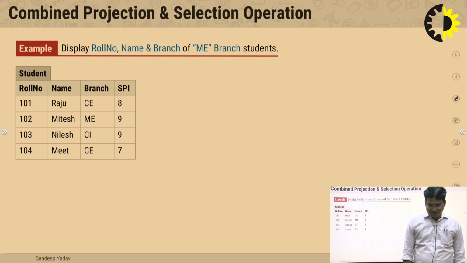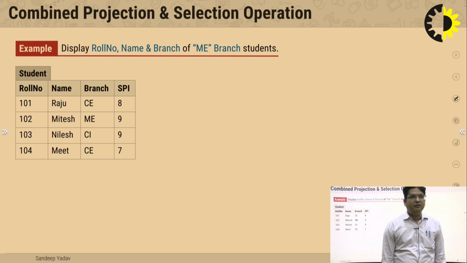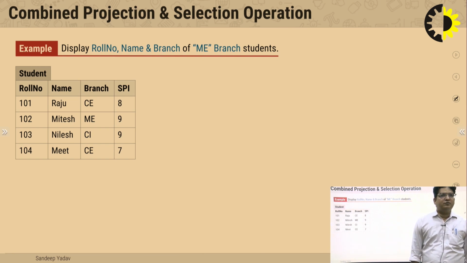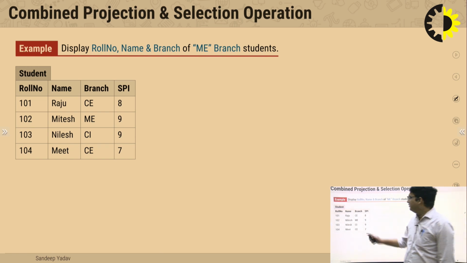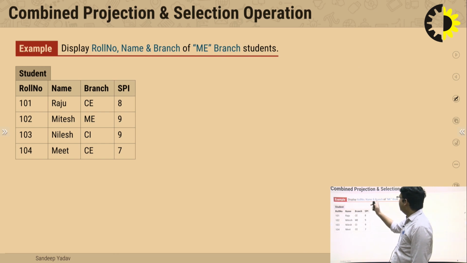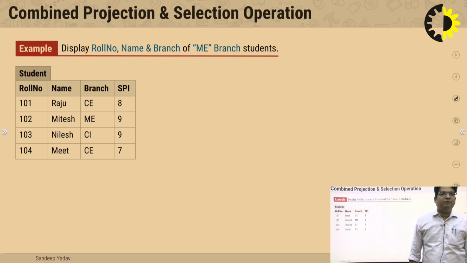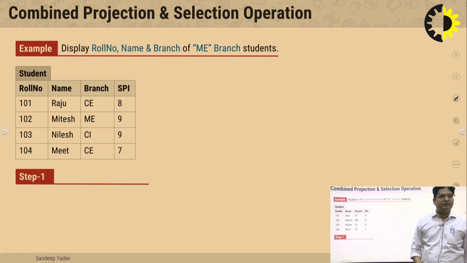So the condition is there that the student must belong to the mechanical branch. For mentioning the condition we need to use the select operation, and to display this one we have to use the project operation. The attributes roll number, name and branch shall be displayed with the help of the project operation, and the branch name is a condition for which we shall use the selection operation.